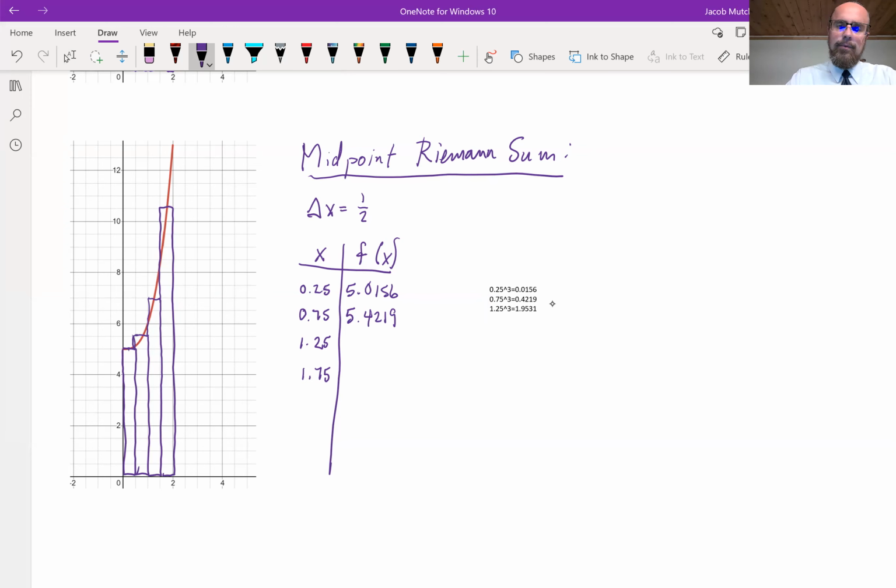Add 5 to that, which gives us 6.9531. And lastly, we'll cube 1.75. That's 5.3594, which gives a value of 10.3594.